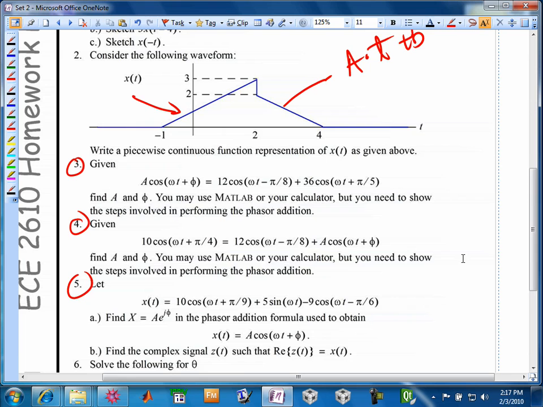Problems 3, 4, and 5 are just phasor addition problems, just like what we went through, except these are a whole lot easier. Like this one is easy, right? Just cosines, nothing fancy, so you can identify x1 and x2 directly. This one is a twist on it, but if you look at it from an algebra standpoint, is there anything special about it?